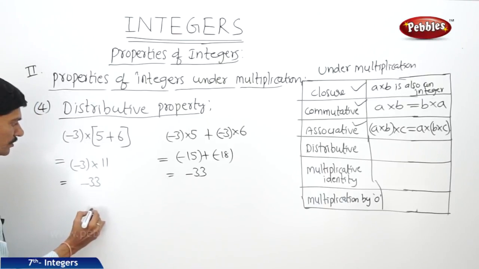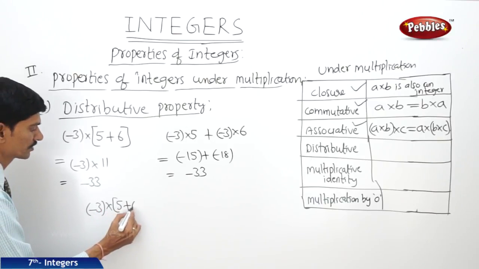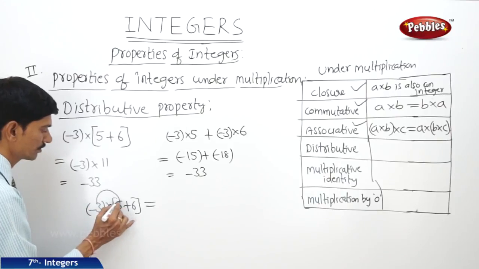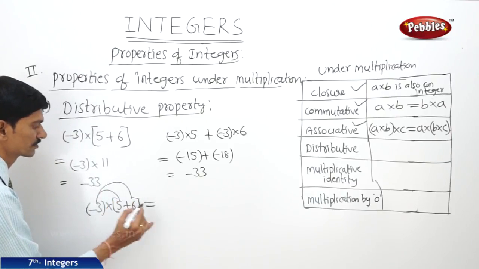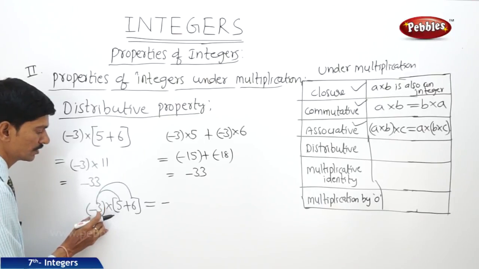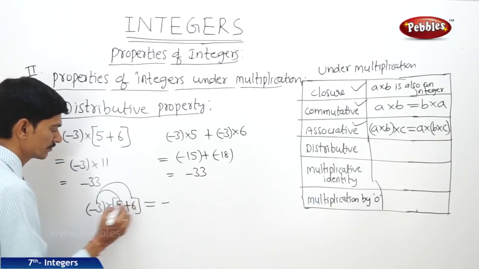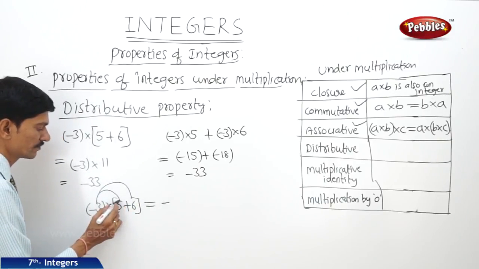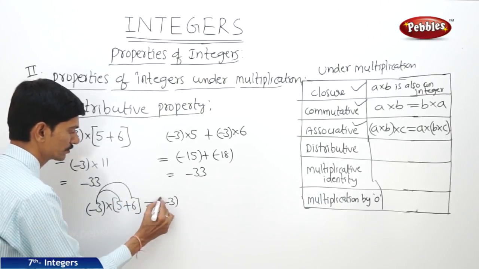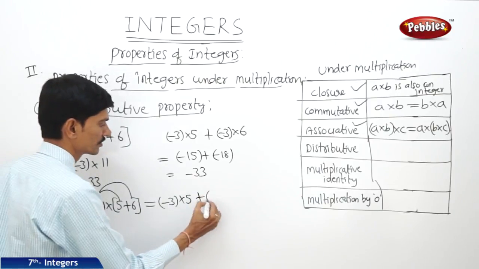So we can write that minus 3 into (5 plus 6) equals minus 3 into 5 plus minus 3 into 6. Here multiplication by minus 3 is distributed over the addition of 5 and 6. So we can distribute this multiplication to the 5 and to the 6.